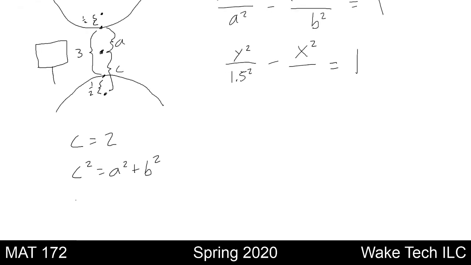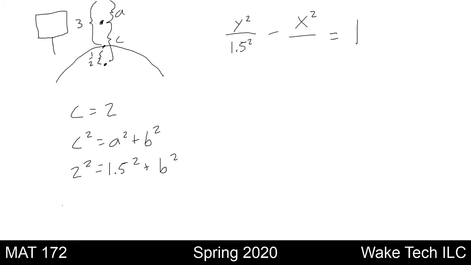And since we know a and we know c, we can find b just by solving the equation. Recall that a, b, and c are always positive, so we don't need to worry about the negative version from the square root. C squared, since c is 2, we have 2 squared equals 1.5 squared plus b squared. And we can do some simplification here.